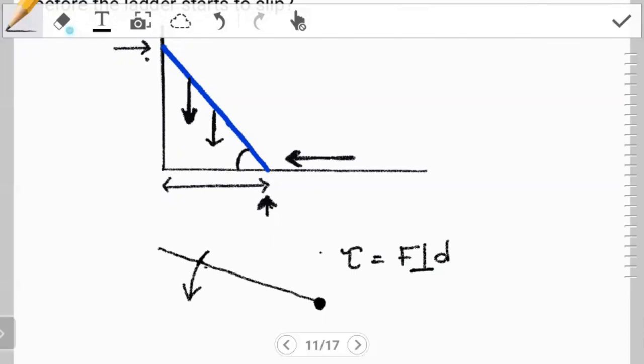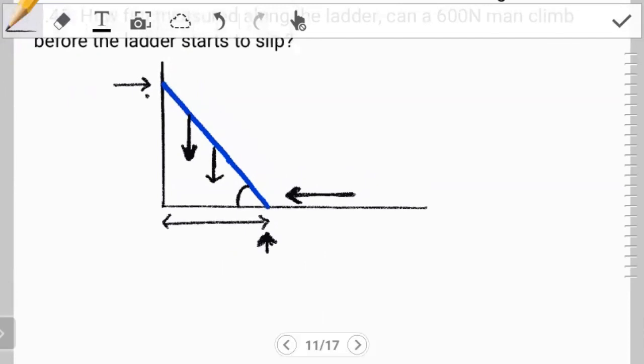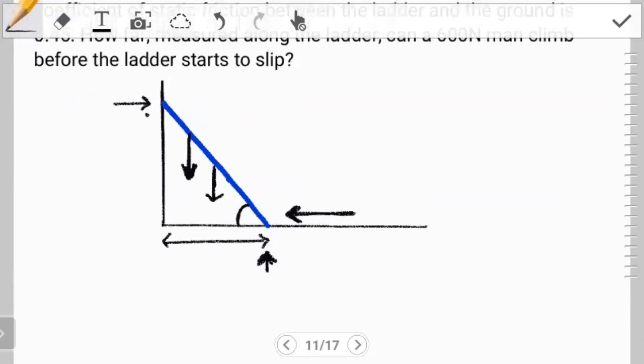So before we move on, the first thing that we're going to do is to assign labels to these forces. The question already had these forces indicated for us, and let's just assign labels to them so that we know what we're talking about every time when we're working out.